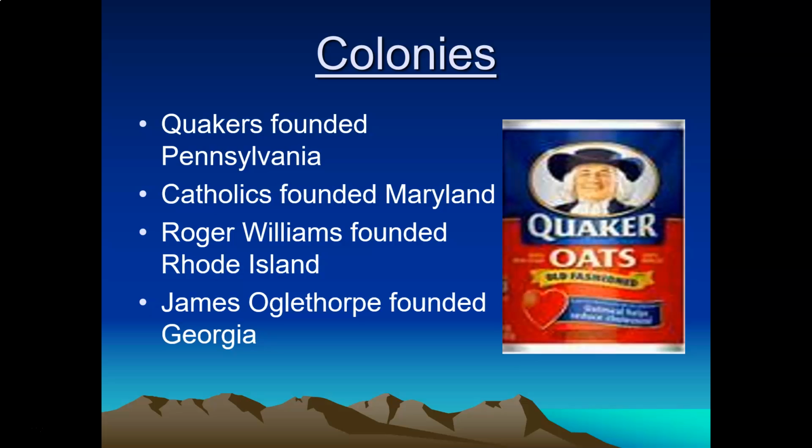Now, one last thing I want to make mention of, because I don't want to skip through this. The Quakers are going to be an important element as we go through some of these court cases and Supreme Court cases and various laws, because the Quakers were a very peaceful group and they did not believe in violence, as well as they were very supportive of various religions, which is going to help in religious freedom.